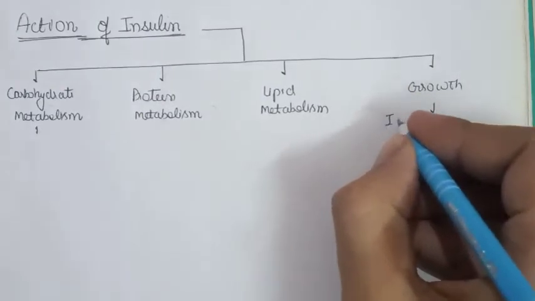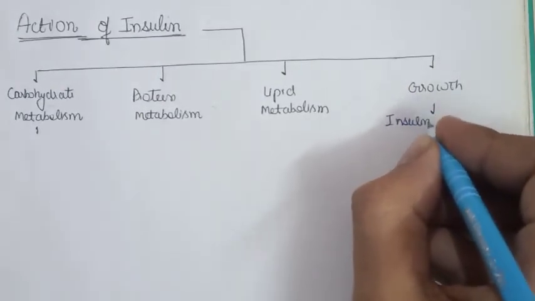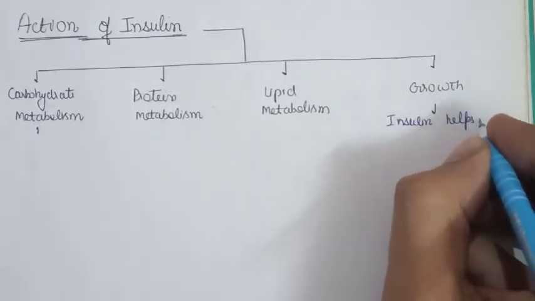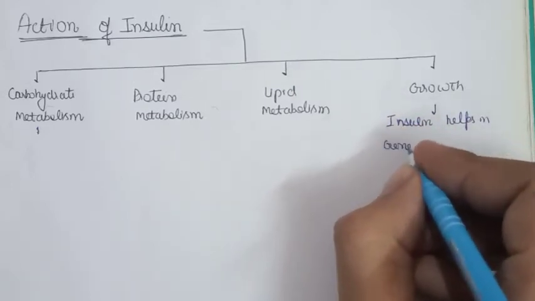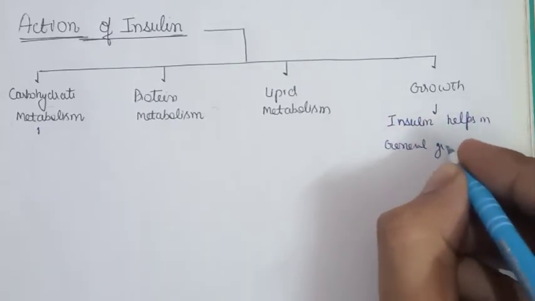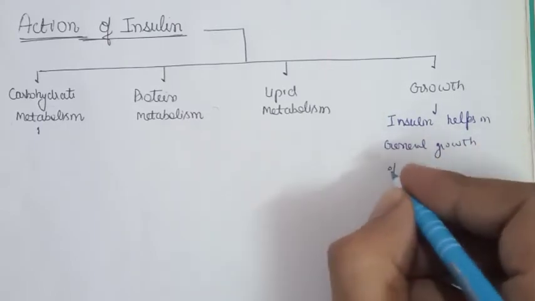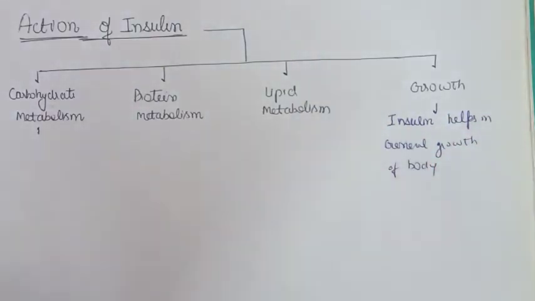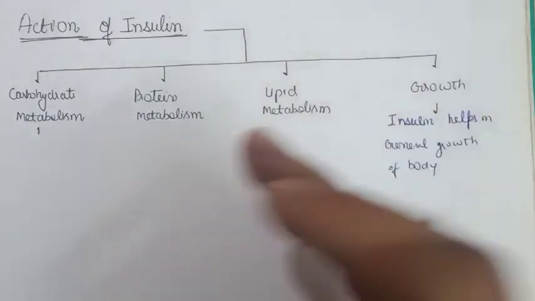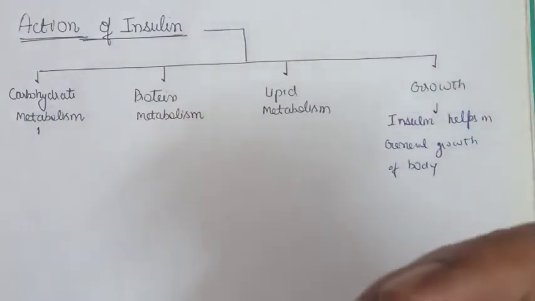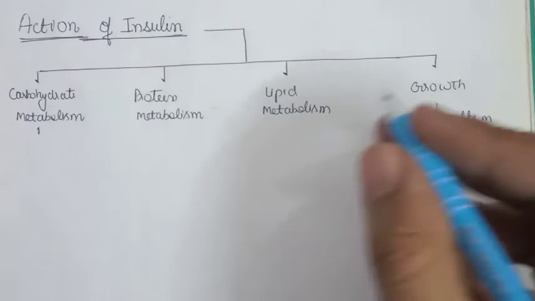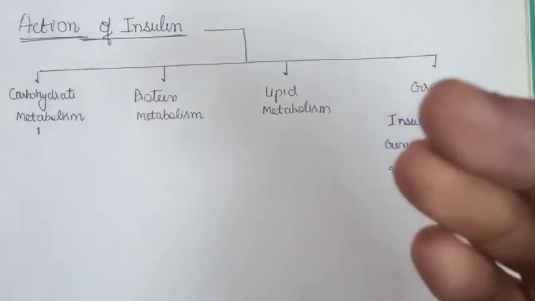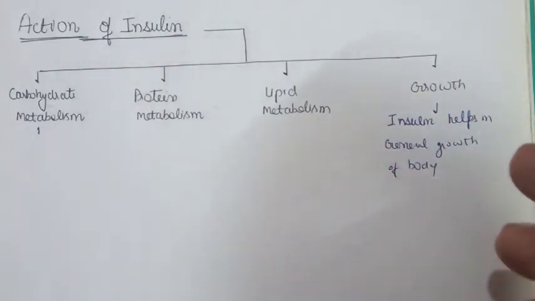So insulin aids the growth hormone in the general growth of the body. It is due to its action on the anabolism of proteins. Proteins are the building blocks of the body, so it helps in the building of protein molecules, so it also helps in the growth.